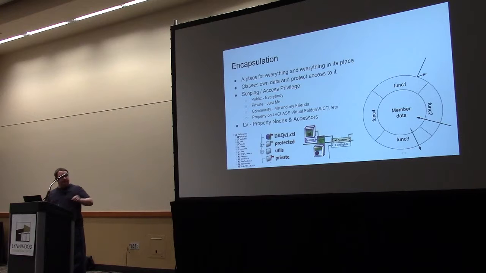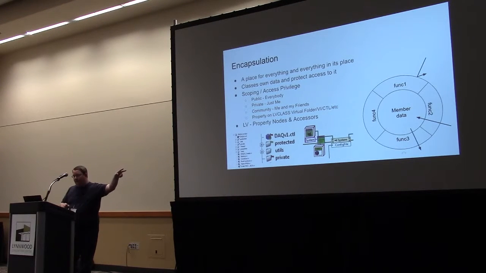All these member functions in LabVIEW can have a couple different access modes. Public, everyone can read it, write it, and call that VI. Those will be the API that everyone else uses. This is both the most powerful and the most dangerous thing about object-oriented programming.